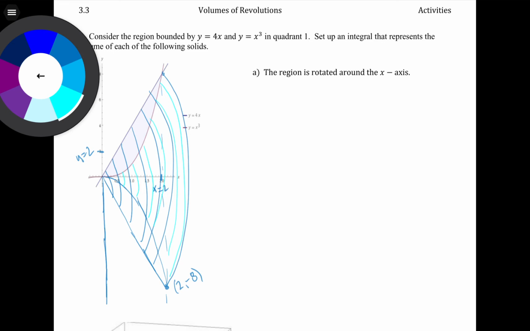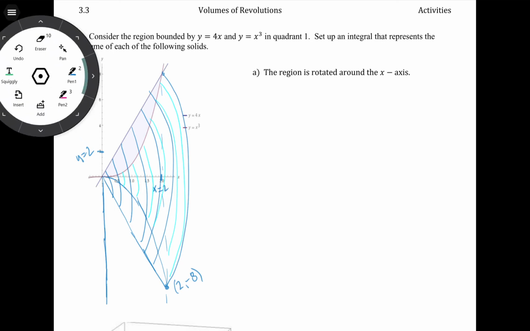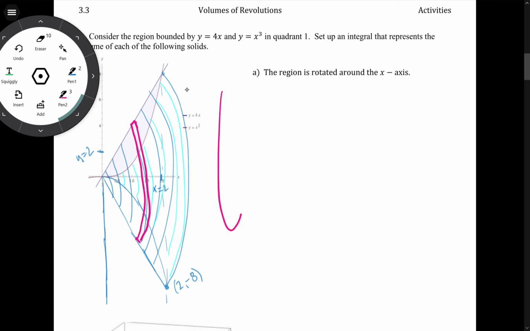Okay. So if we take a slice, and it's definitely going to need to be a vertical slice, and we remove it and we look at it, we're going to have a washer. This does have a hole.